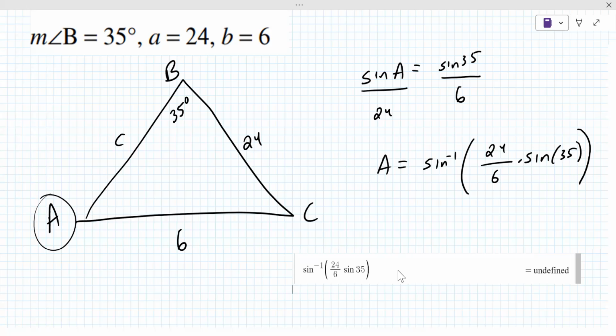Do you have something similar to what I've got on the screen here? Maybe yours says error. Says error, yeah.